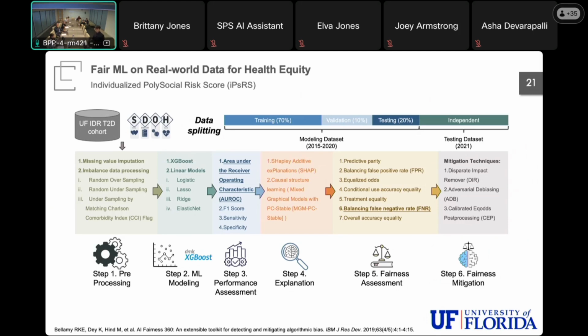We use different explainable AI techniques to help us understand the important factors of the models, including the SHAP value and causal structure learning. And we further test the fairness of the prediction model. Once bias is identified in the predictive model, we use different mitigation techniques to reduce the bias in this model to provide a fairer one for the final use.